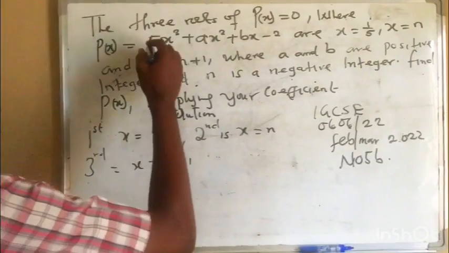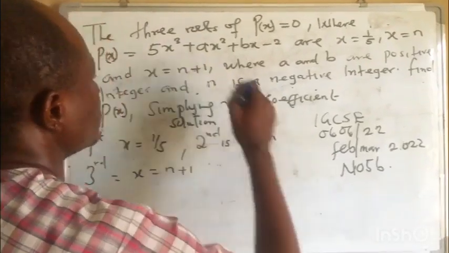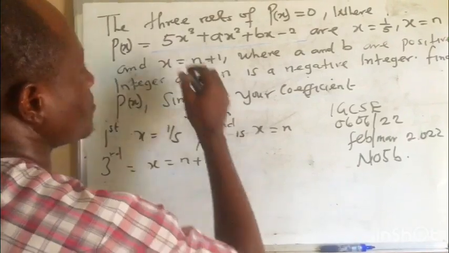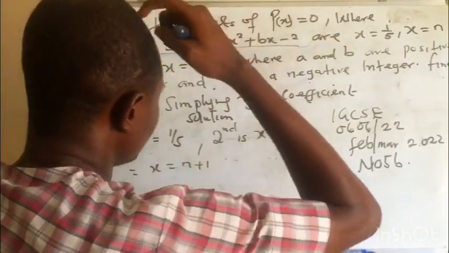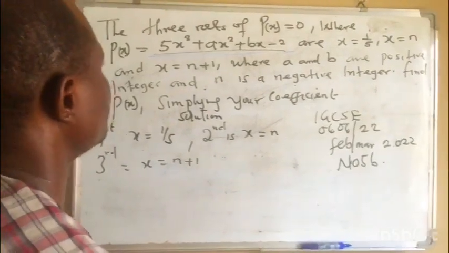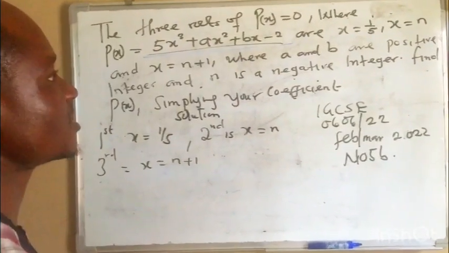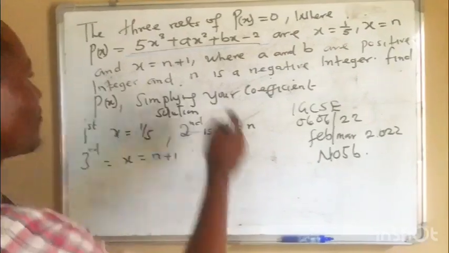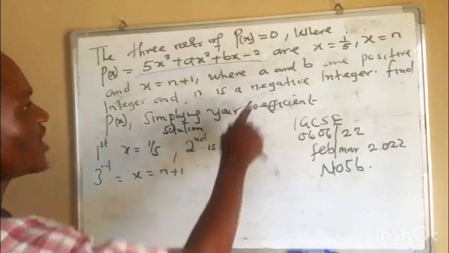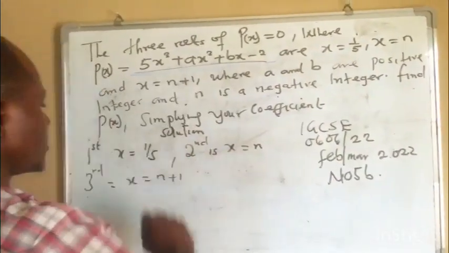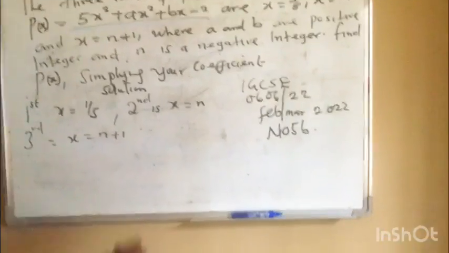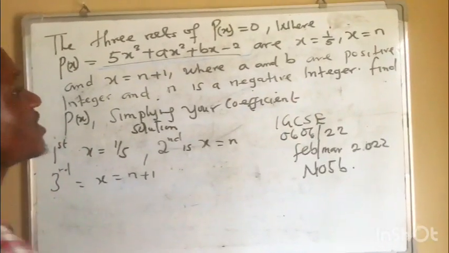And we are given the polynomial, this polynomial. So from the roots of this polynomial, we can form back this polynomial. But there is a condition: we are told that a and b are positive integers, that means the values for a and b are positive, and that the value for our n is a negative integer.